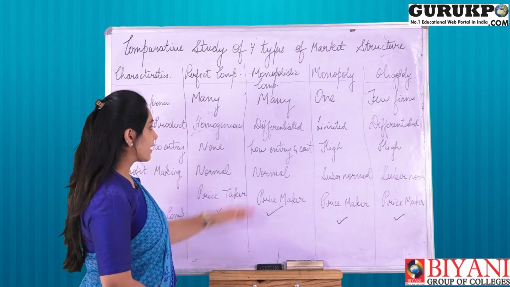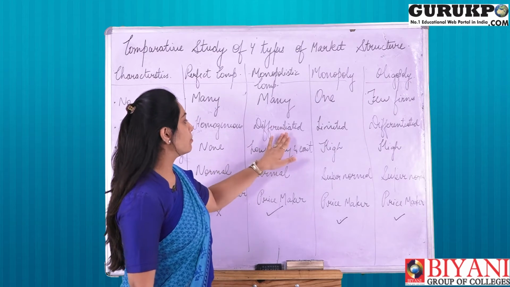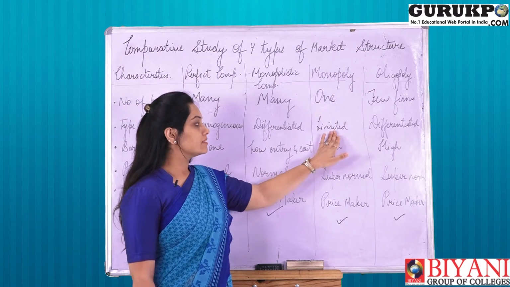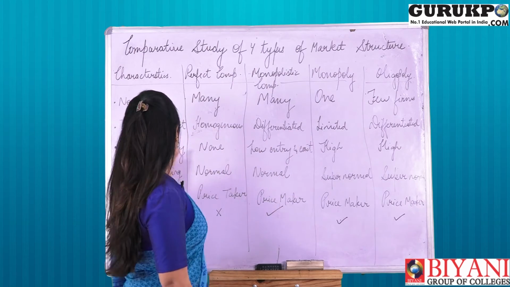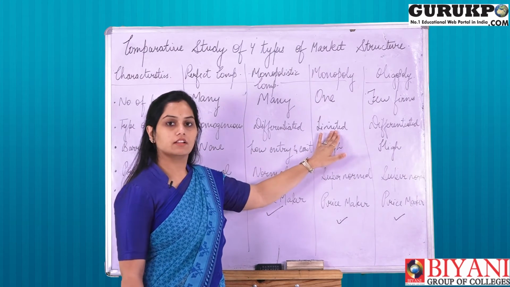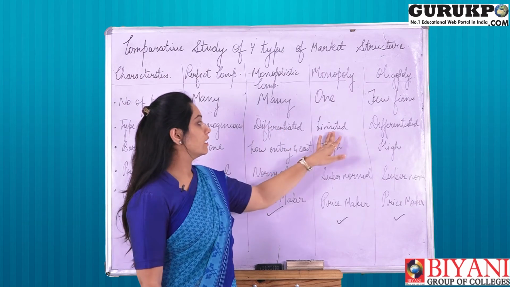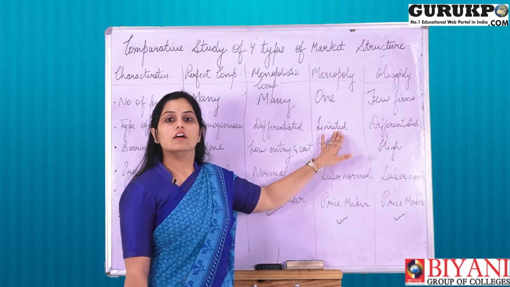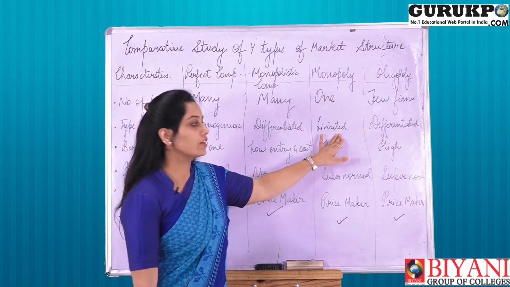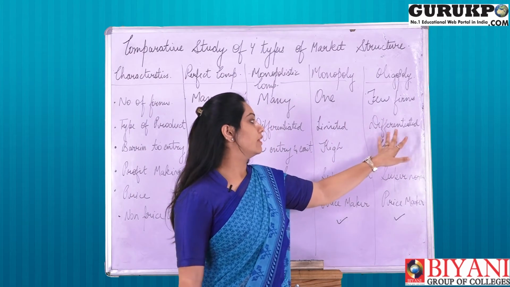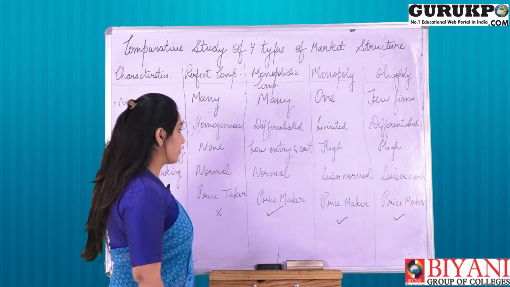In monopoly, the types of product are limited, with limited differentiation, and in oligopoly, there are differentiated products again.